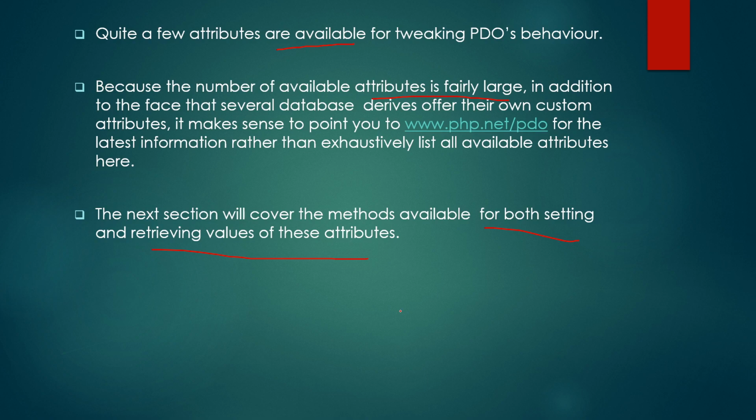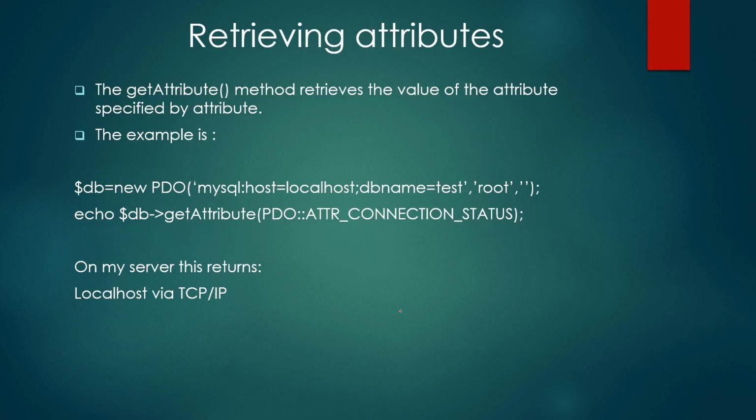From the names themselves, we can figure that out. First, we will talk about how to retrieve the values of the attributes. The getAttribute method retrieves the value of the specified attribute. Whatever value that attribute has, we will retrieve it through this method.